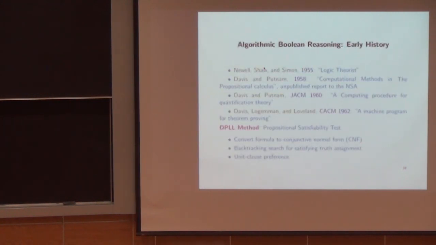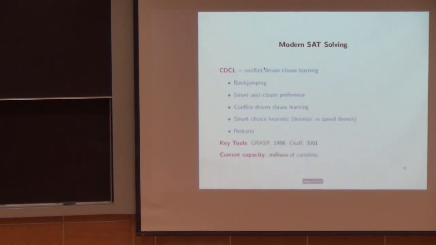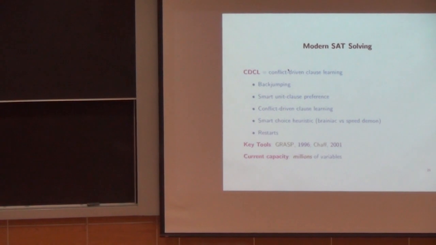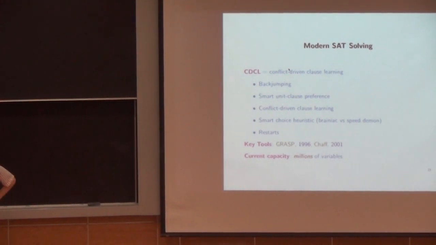And people have been playing with this method starting from the early 60s for the next 30 years, making very, very slow progress, solving problems with maybe hundreds of variables by the early 90s. And then some magical event happened in the mid-90s. The magical event was the discovery of heuristics.